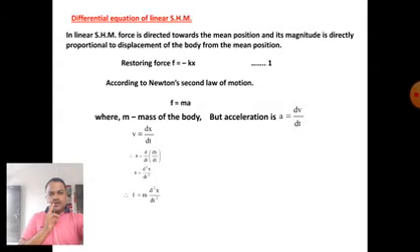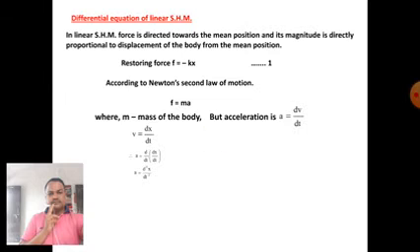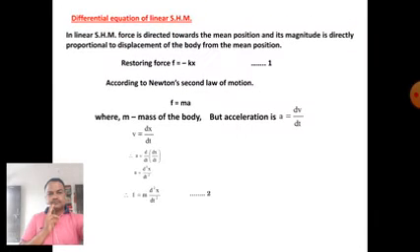Put the value of this acceleration in the above equation F is equal to ma. Therefore the formula arises F is equal to m d2x upon dt square, which we call equation second.